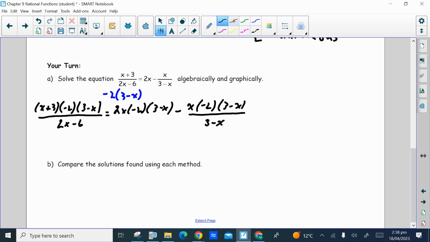And again, the whole reason we do that is so that we can cancel out the denominators. And then we solve with what is left.